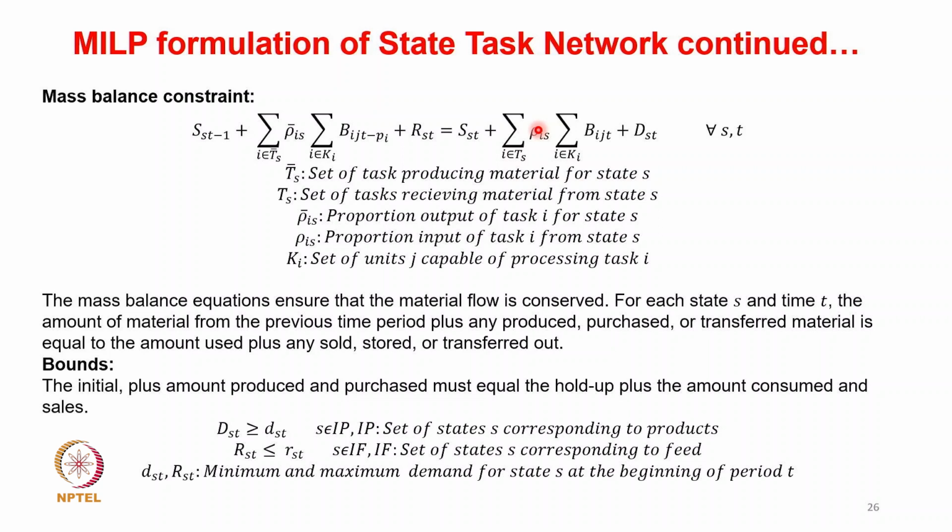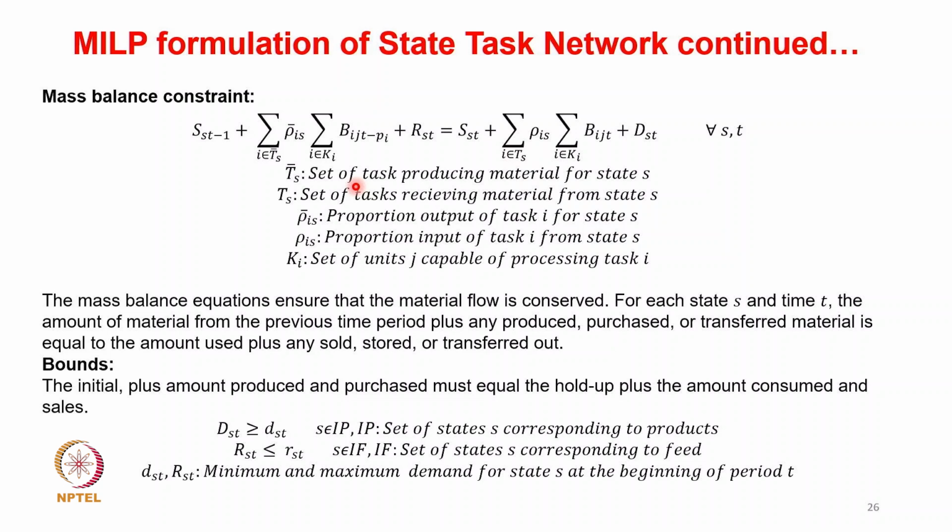The amount of material from the previous time plus anything produced, purchased or transferred in is equal to what is utilized, stored or transferred out. This is how the left hand side and right hand side are balanced.